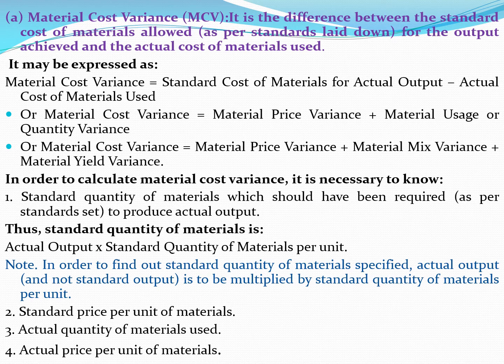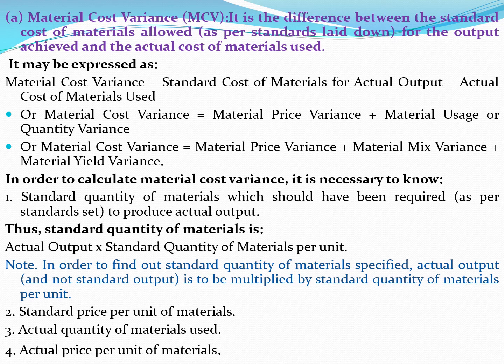It may be expressed like this: material cost variance equals standard cost of materials for actual output minus actual cost of materials used, or material cost variance equals material price variance plus material usage or quantity variance, or material cost variance equals material price variance plus material mix variance plus material yield variance.